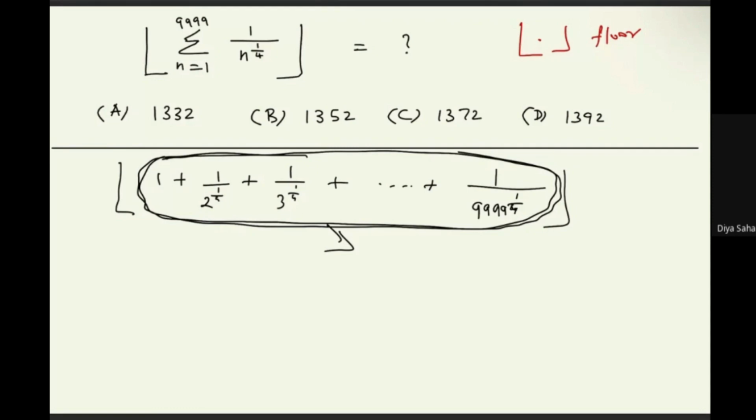Do you have some idea? You don't want the exact value, but can you get some approximate value of such a thing? This is a sum of certain things. Do you know of any approximation to it?